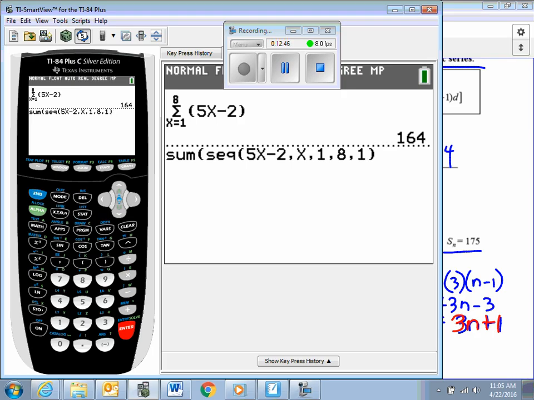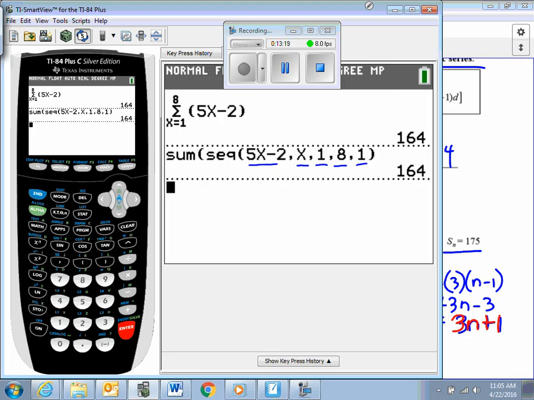So in other words, if you enter sum and sequence and then you just get a set of parentheses, you're going to put the things in order inside the parentheses just like I did, and you're going to separate your entries with commas. So you see, this was the expression, this was the variable, this is the term we started with, this is the term we ended with, and this is our step. So you'll do that, separate those by commas, close your parentheses, hit enter, and you'll still get the number that we got before.